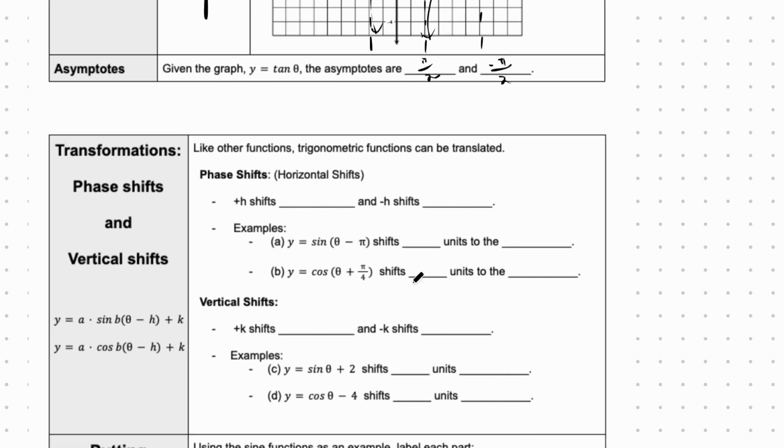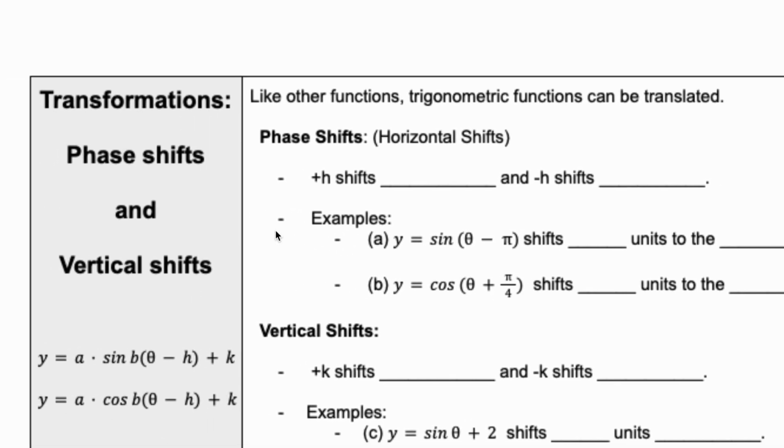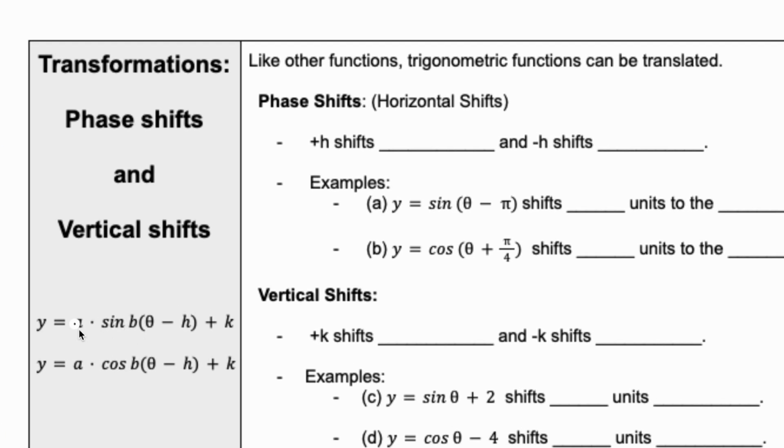So now let's talk about some phase shifts. Let's look down here. We're familiar with the A, we're familiar with B, but now we're introduced to this H and this K. This should look familiar. When we were talking about transformations of quadratic functions, we had H and K in our vertex form. A lot of these transformations have a lot of similarities.